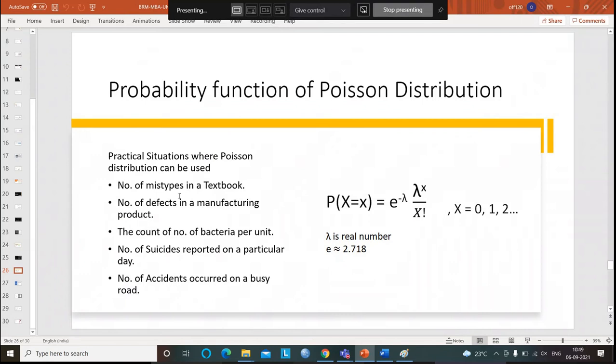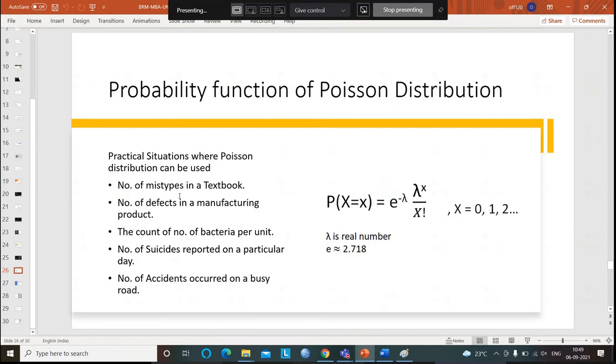Out of a complete textbook, you find one or two mistakes, or at least that also will not be there. That means the number of words in the textbook is my number of trials. The count is very high here, but the probability of getting mistypes is very less.